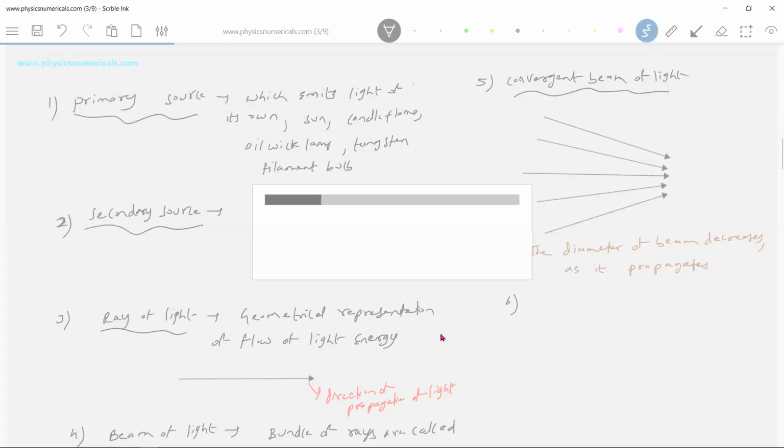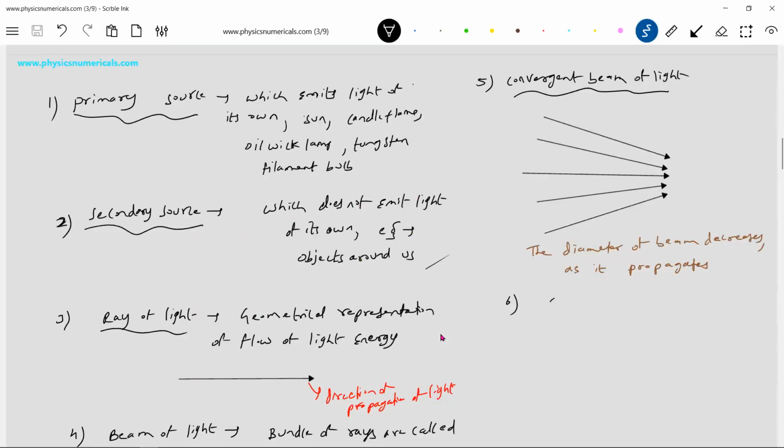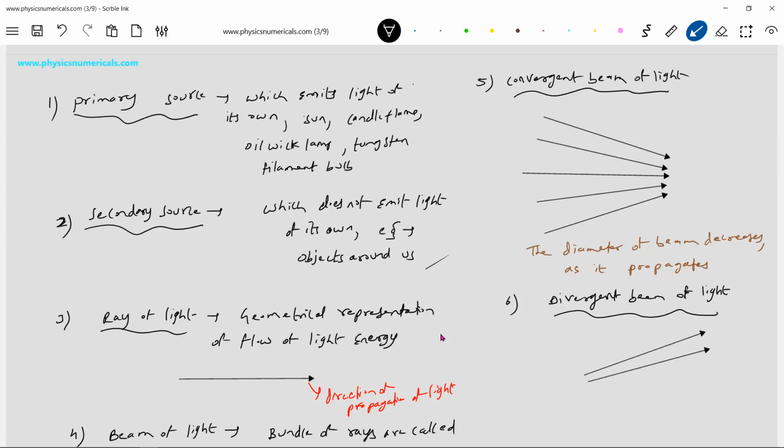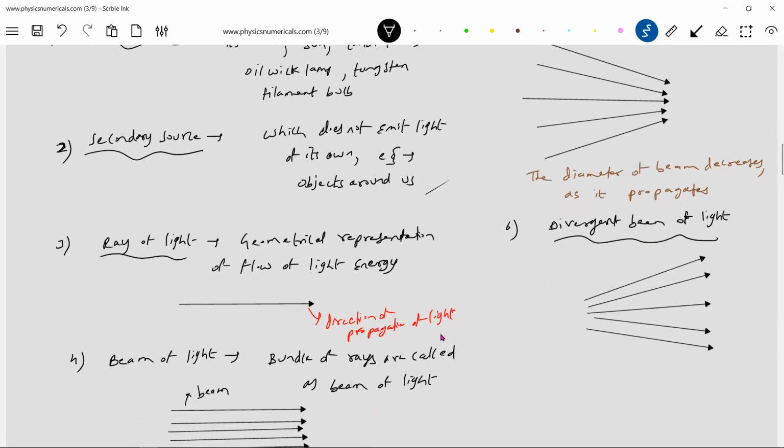Next, divergent beam of light. What do you mean by divergent beam of light?